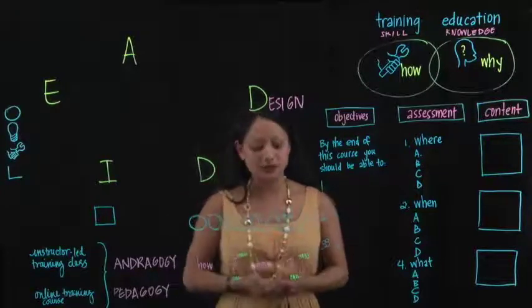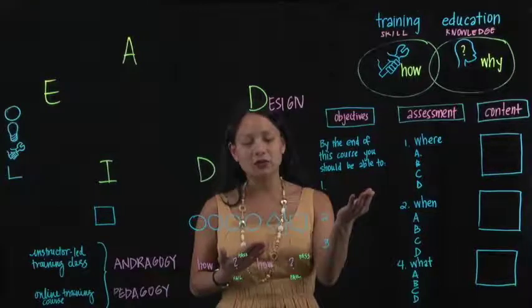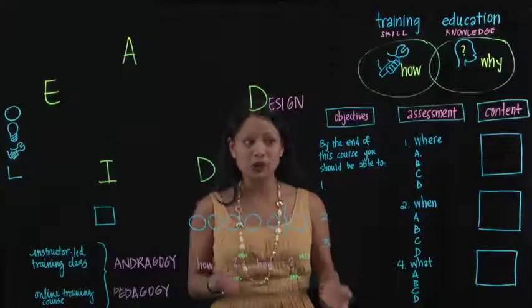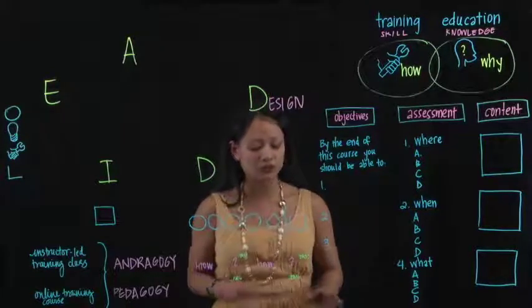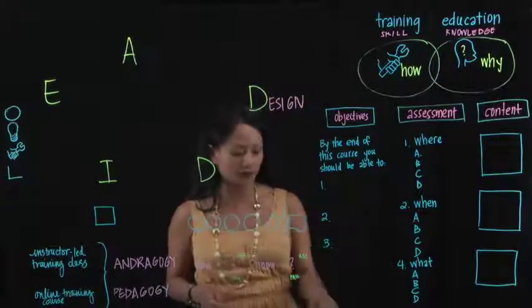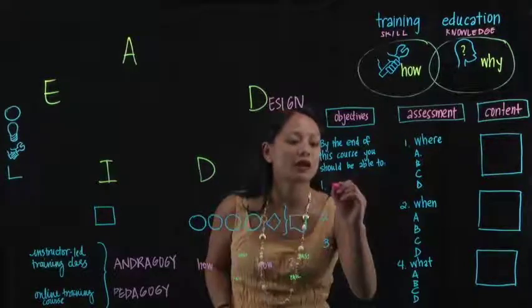When you create an objective, it's really helpful to use this fill-in-the-blank kind of question, which is, by the end of this course, you should be able to, and answer that question with the different things that you want people to do. What's a really helpful tool is to use higher level objective verbs, such as apply, right?